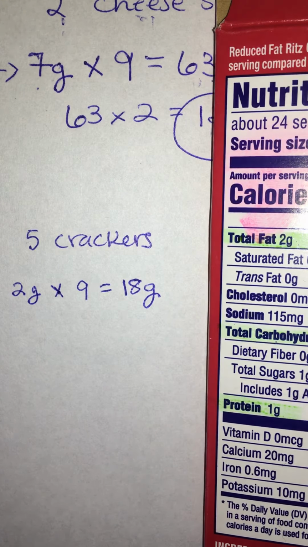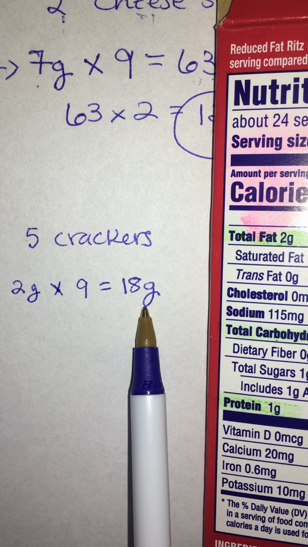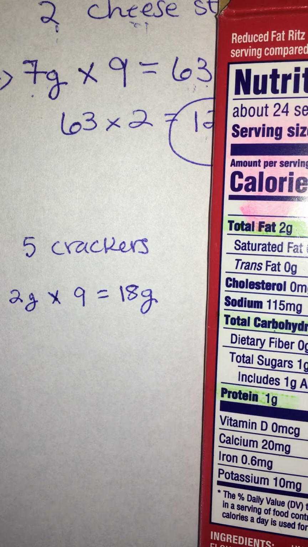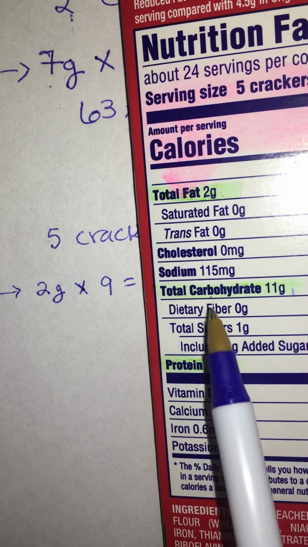Since that's the serving size, I'm not going to have to multiply it again because 5 crackers is just 1 serving. If I had maybe 10 crackers, I would multiply the 18 by 2 because I'm having 2 servings.